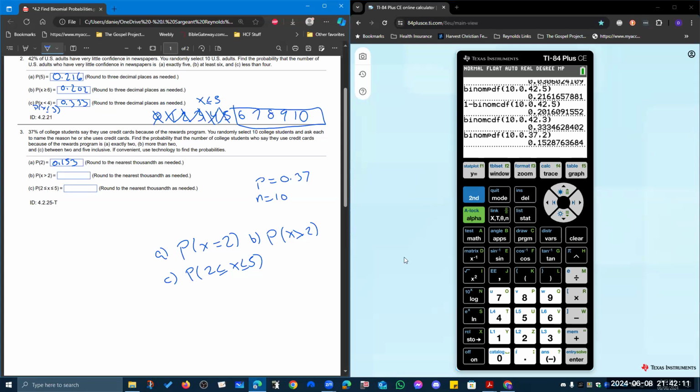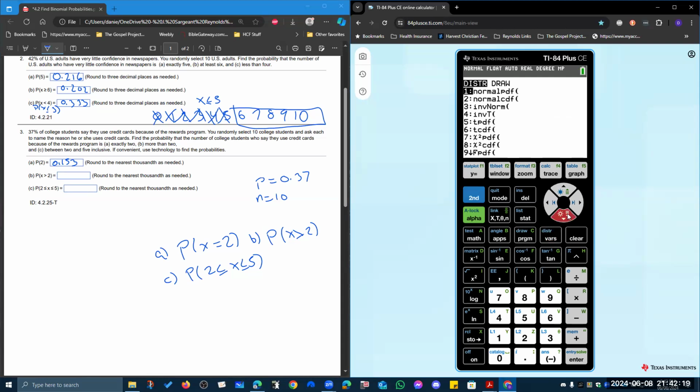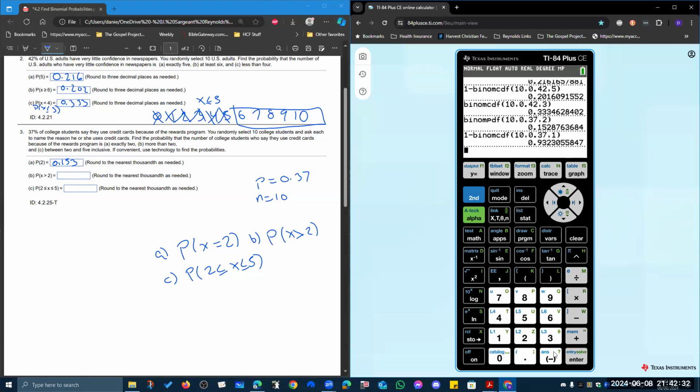Greater than 2, that's going to be 1 minus x less than or equal to 1. So 1 minus second distribution, binomial CDF, 10 trials, 0.37, x value of 1. And so we have 0.932 when we round to the nearest thousandth.